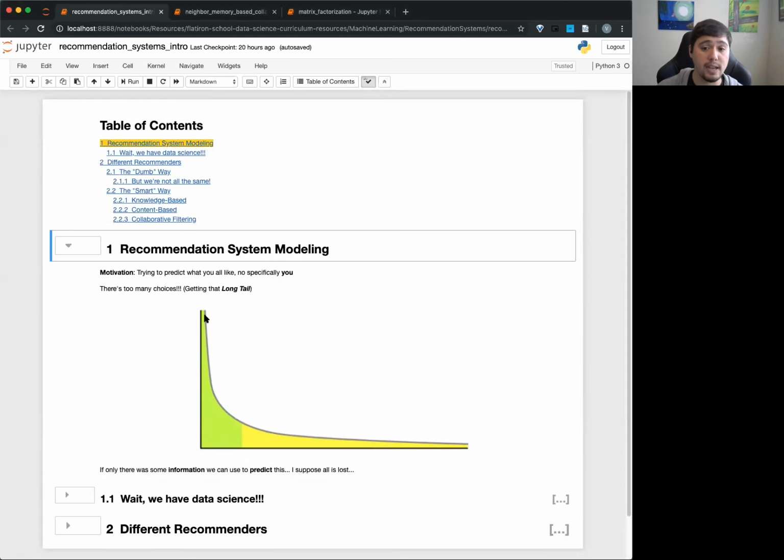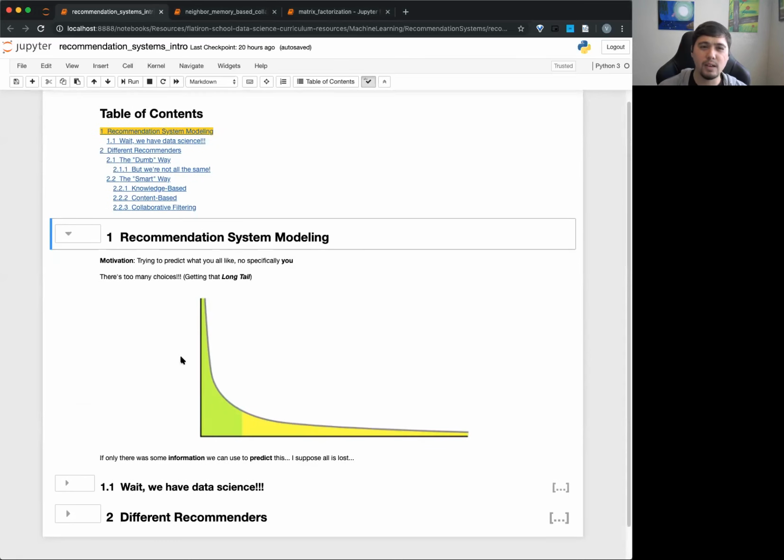It's something called the long tail. If you've ever heard of long tail before, you might be familiar with this, but this is probably where Netflix got a lot of their business. People argue this is how they were able to succeed over something like Blockbuster. The idea is that there are a few very select movies that most people will rent and watch.